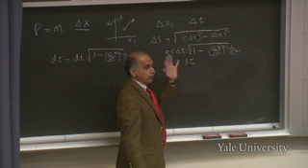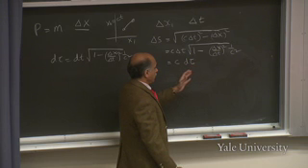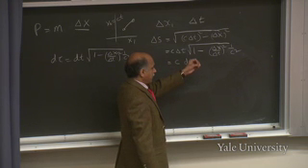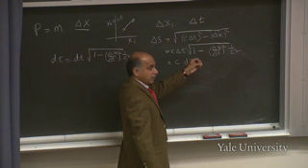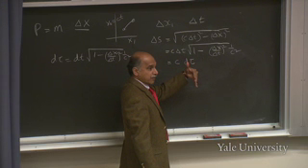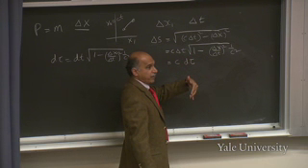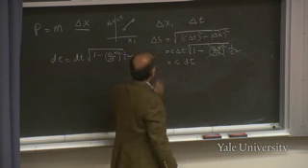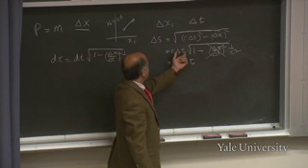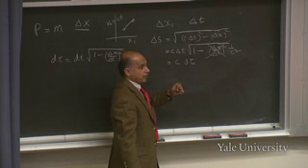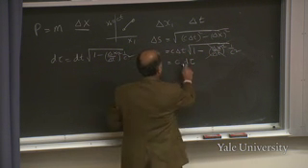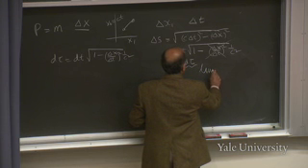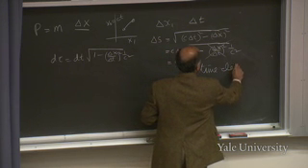So go to the frame moving with the particle. If you're moving with the particle, and if you're here now and there later, later is certainly later, but here remains here for the particle. It doesn't move in its own frame. So delta x will vanish. Therefore, delta s simply reduces to c times the time elapsed according to the particle. So d tau is the time elapsed according to the particle itself.